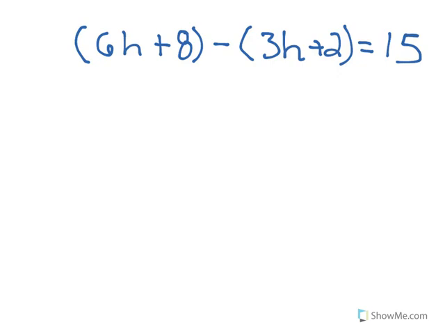Right, and one hint on multiplication is that with parentheses and multiplication together, you can do distribution as part of your simplification. Okay. Where do you see any distribution that can happen here?